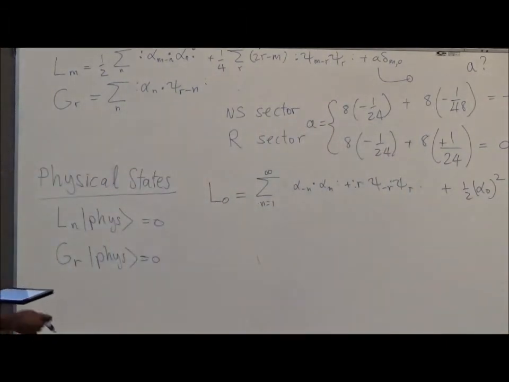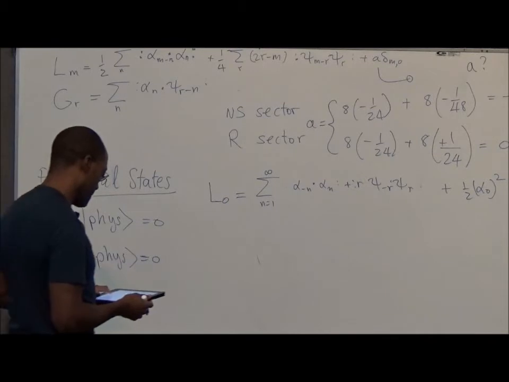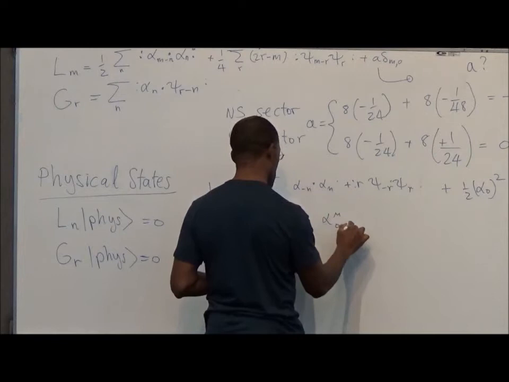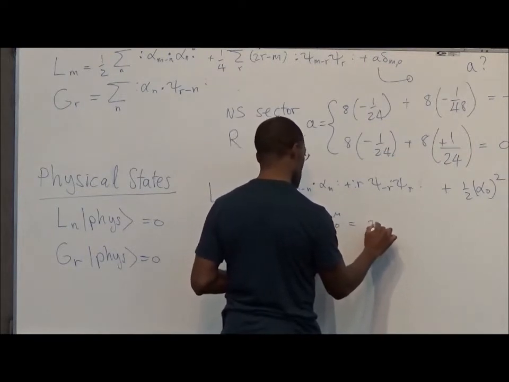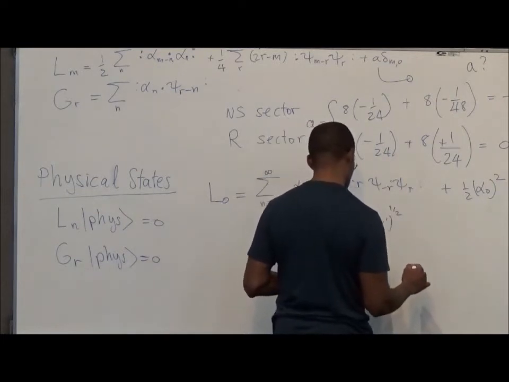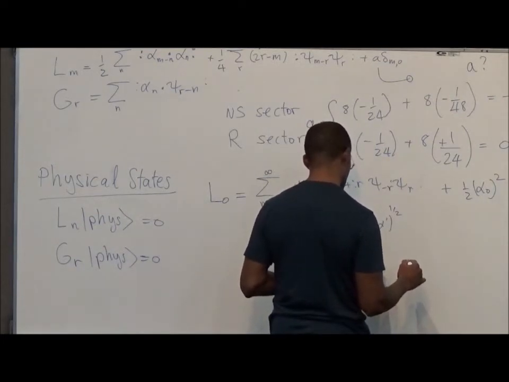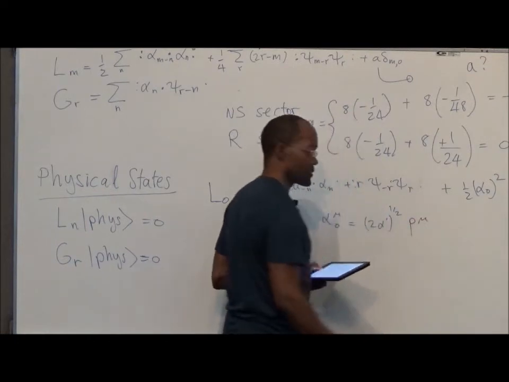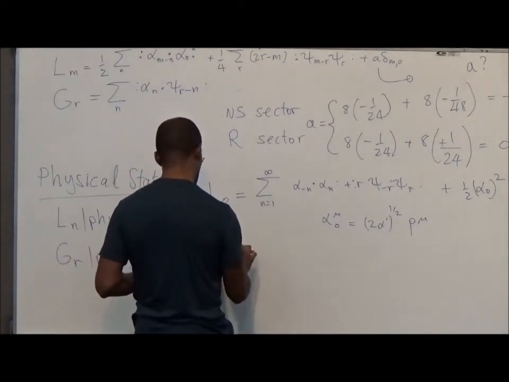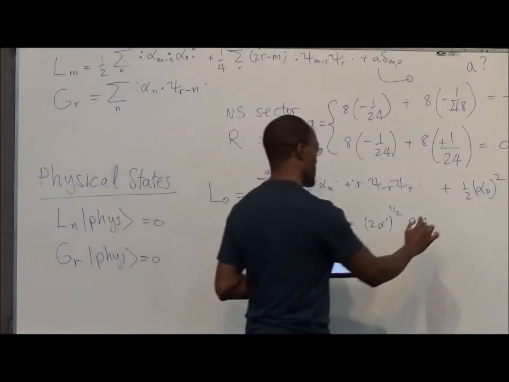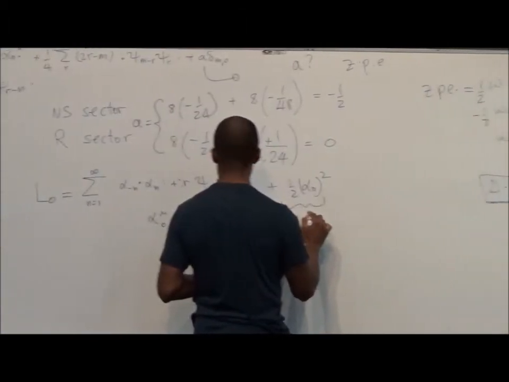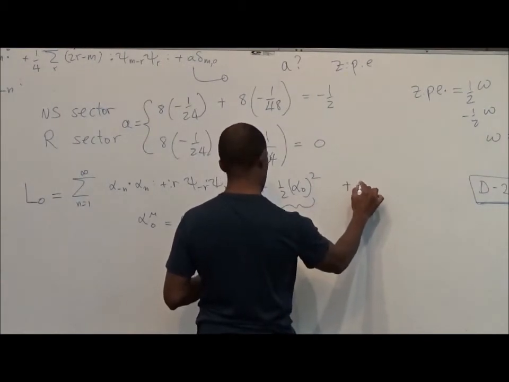But if I remember now that alpha 0 mu is 2 alpha prime to the half p mu, from before, then I can write this term as, oh, excuse me, that's plus a.